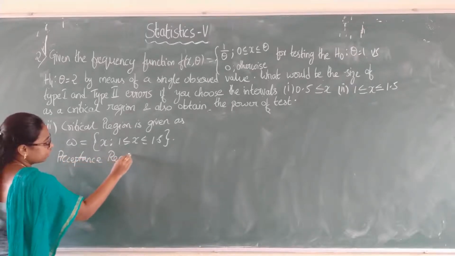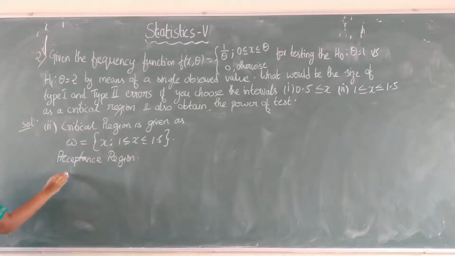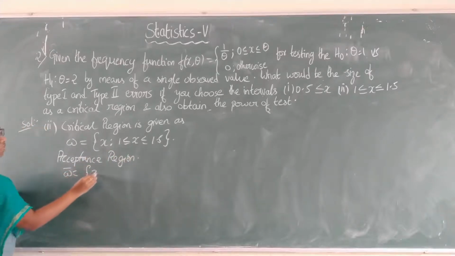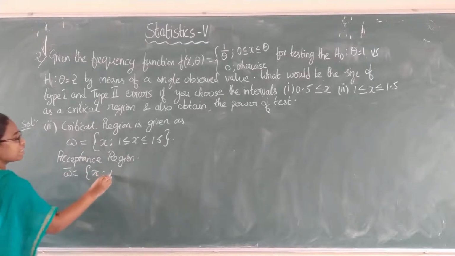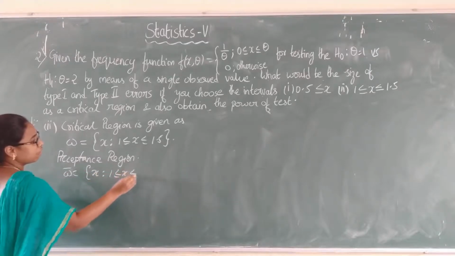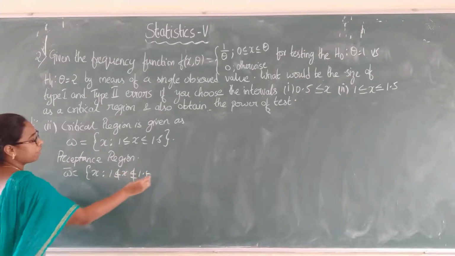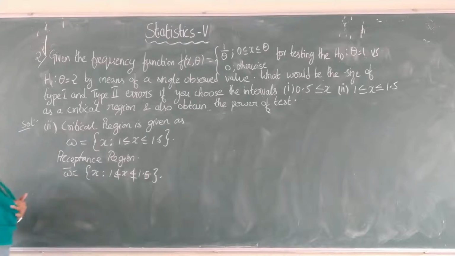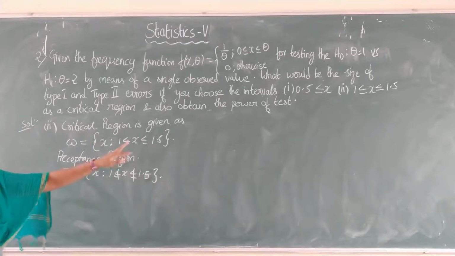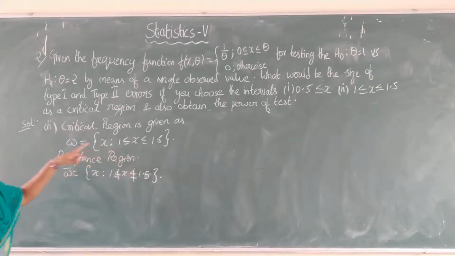Acceptance region, omega bar equals x values such that x does not lie between 1 and 1.5. So if x lies between 1 and 1.5, then your null hypothesis is rejected.